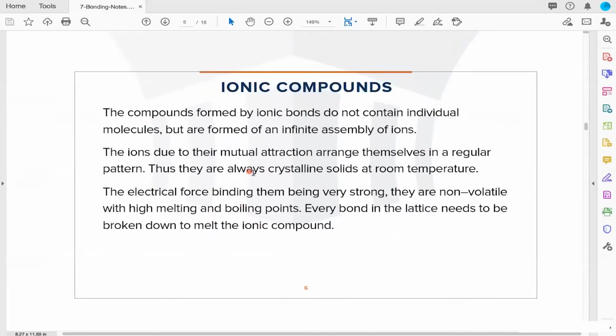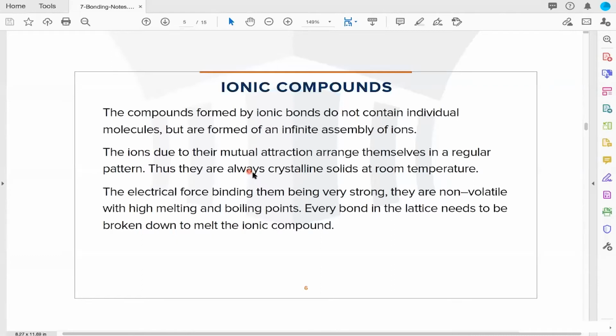So ionic compounds are the ones that are formed from ionic bonding. Now remember one thing. The formula for any ionic compound simply tells us the simplest ratio in which they're combined. Because you see, we have a lattice in which we have thousands upon thousands of these ions. So they don't have a fixed number of ions in every compound. Every crystal may have anywhere between 1 billion to God knows 50 billion ions.